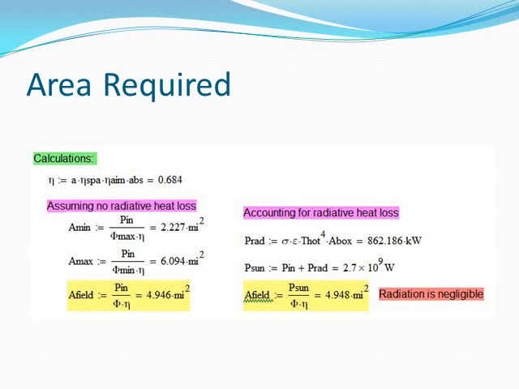We then accounted for radiative heat loss using the Stefan-Boltzmann constant, the emissivity of a black body, the temperature, and the area that we assumed. This gave a heat loss of only 862 kilowatts, which is negligible compared to the heat required. Thus, radiative heat loss was negligible in this case.